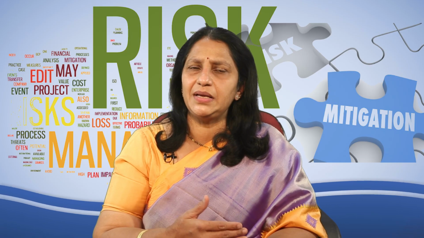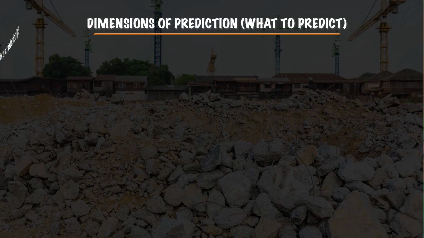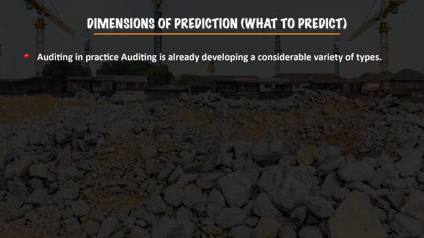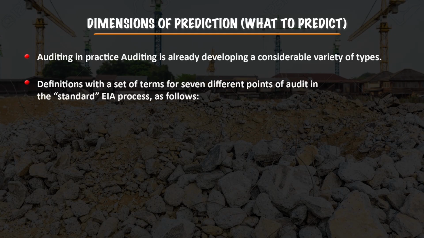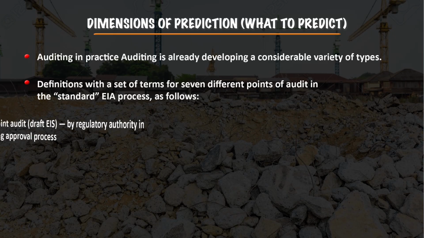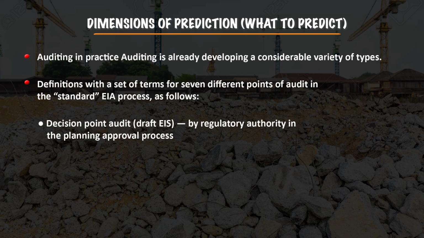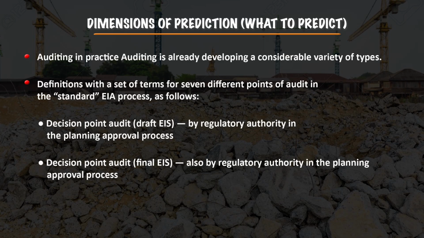The next step is auditing in practice. Auditing is already developing a considerable variety of types. It is a set of terms for seven different points of audit in the standard environmental impact assessment process. First, a decision point audit by the regulatory authority in the planning approval process, and another decision point audit, also by the regulatory authority in the planning approval process.